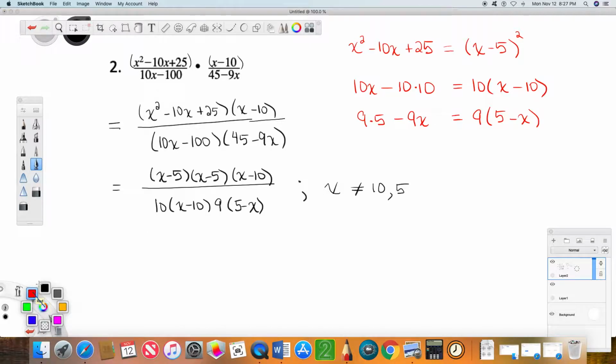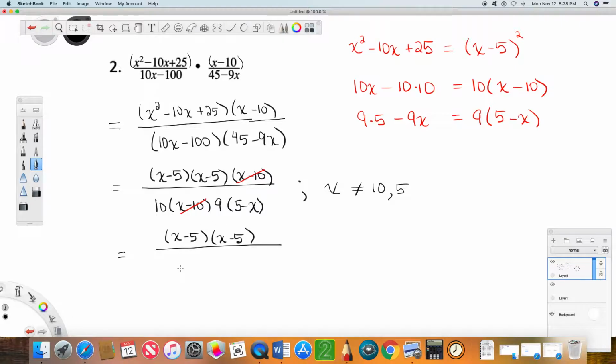Now let's come in and cancel common factors. I see an x minus 10 and an x minus 10. And at first, that's all I see. So let's write that. In the numerator, I have x minus 5 times an x minus 5.